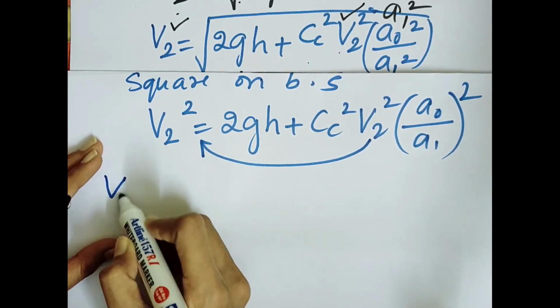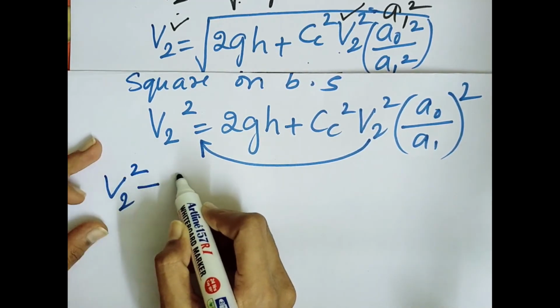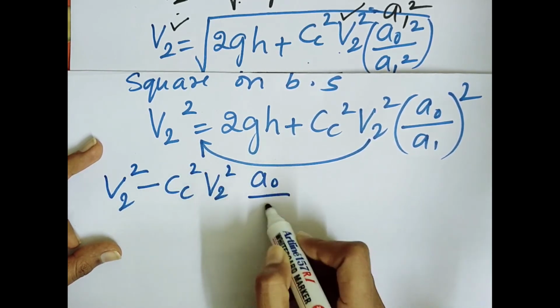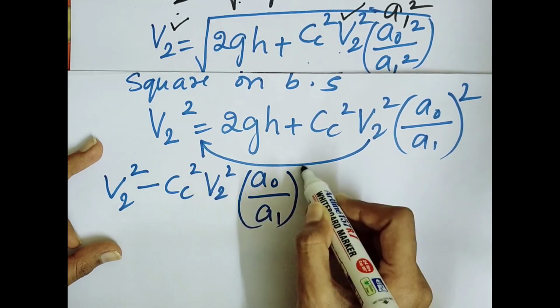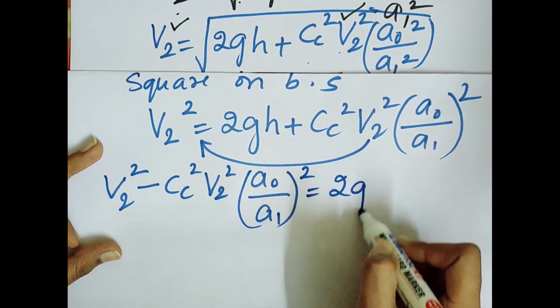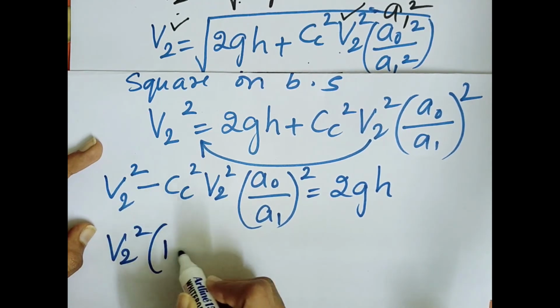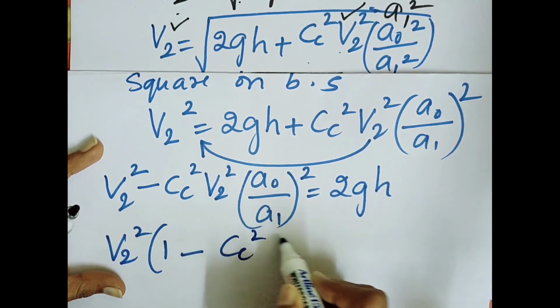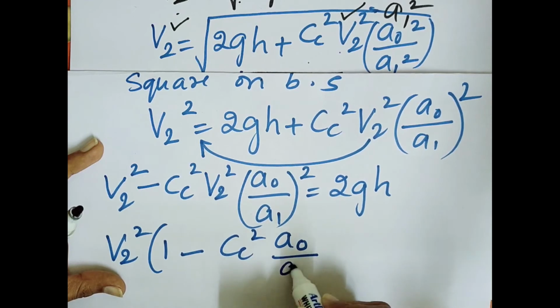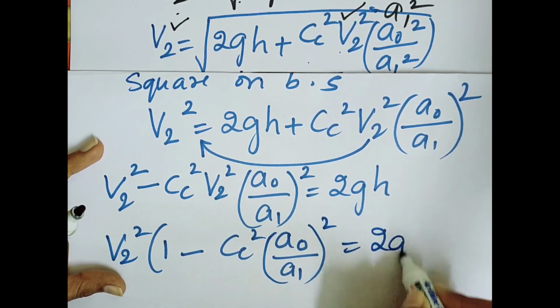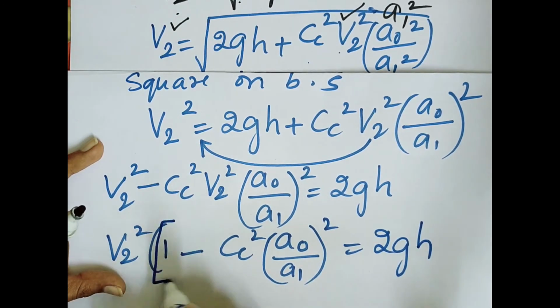So you will get V2 square minus Cc square V2 square A0 by A1 whole square is equal to 2gh. You can take V2 square common: it will be 1 minus Cc square into A0 by A1 whole square is equal to 2gh.